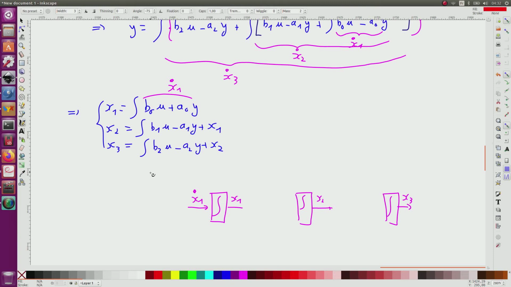Here I have u. Here I have y. And this equation tells me that x dot 1 corresponds to b0 u.